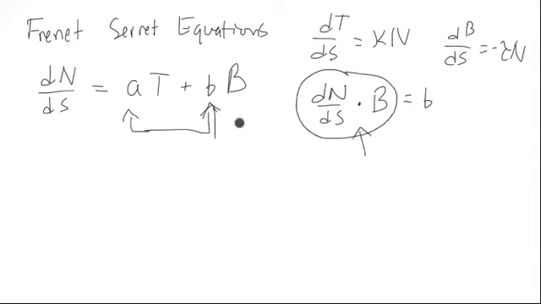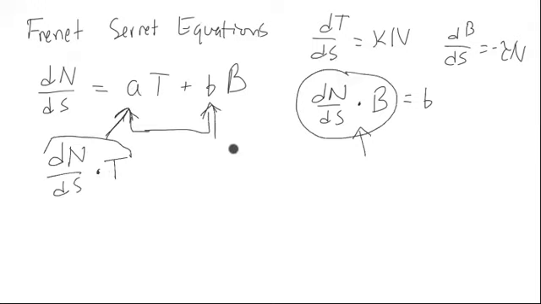To get this coefficient, use a similar idea. If you dot it with T, the outcome is actually going to be a. So we're going to find out what this is another way and what this is another way, and then just put that in there.